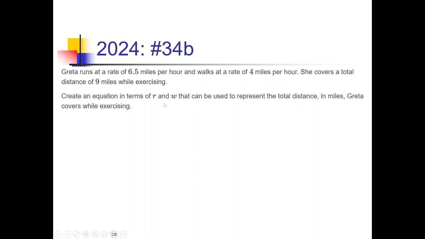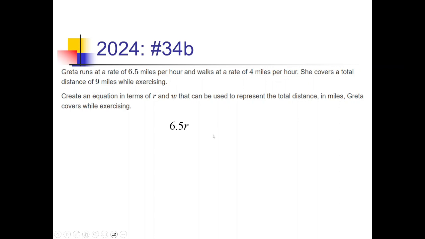Now let's say I wanted to figure out how far Greta runs. I have the speed she's running at, 6.5 miles per hour, and if I multiply that by the number of hours spent running, which is R, that would tell me how far she actually went. So 6.5R is my distance covered by running.